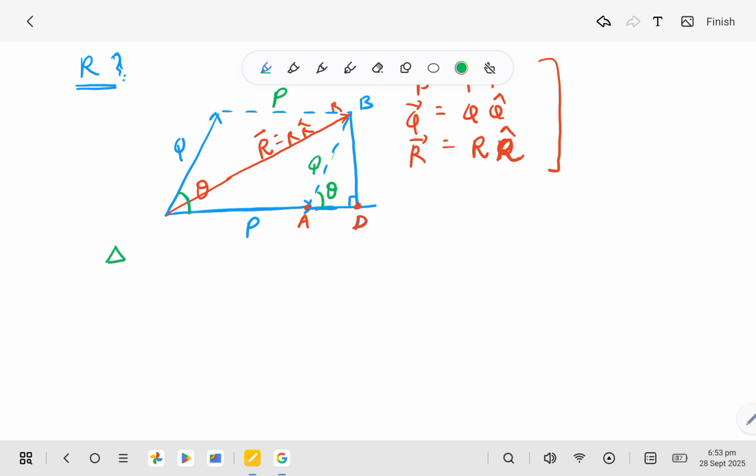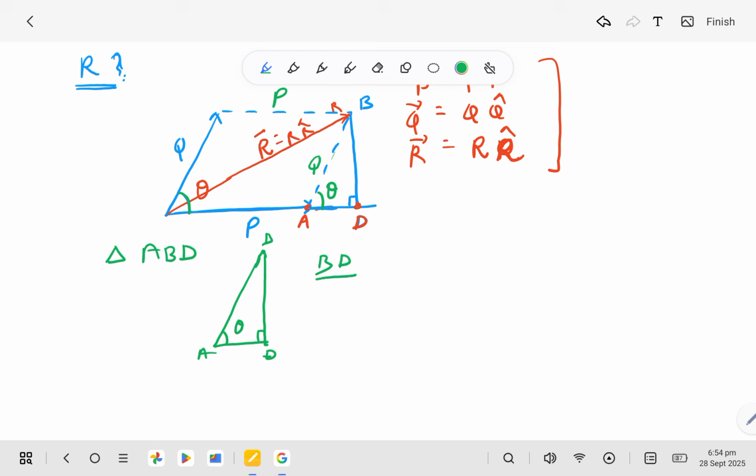So triangle ABD, okay, this one. This is A, this is D, and this is B, and this is angle theta.